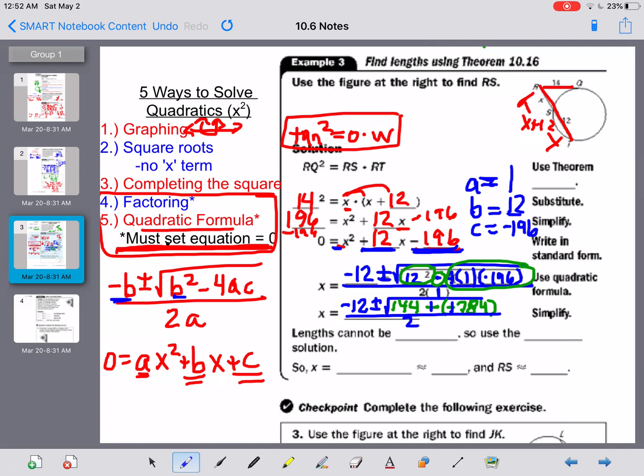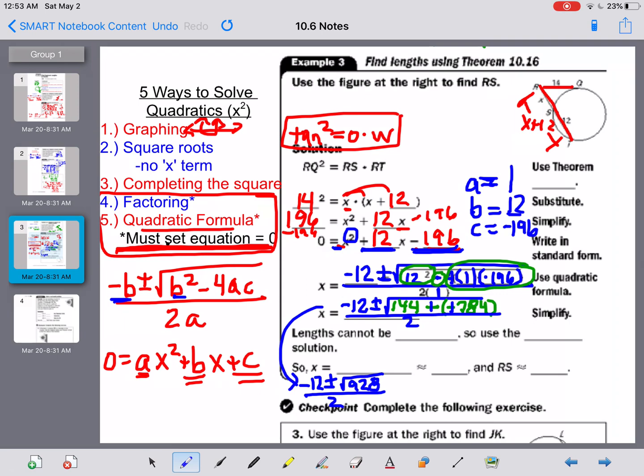Okay, I'm going to come down here, I don't want to mess up too much of what they wrote here, so I'm going to put negative 12 plus or minus the square root of 928 all over 2. Okay. Quick reminder, when you have a quadratic and there's a degree of 2, that means I should get 2 answers. And I have 2 answers. So how do I take this mumbo jumbo and make it 2 answers? Well, here's my 2 answers.